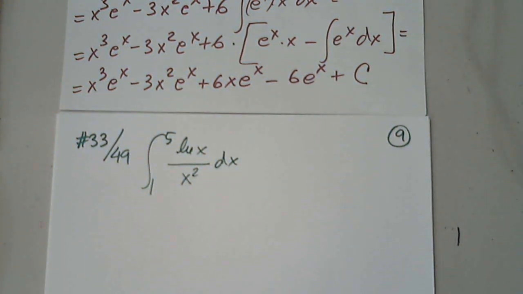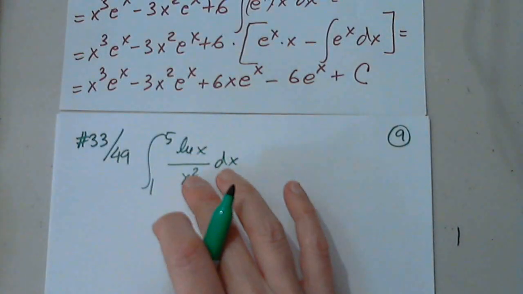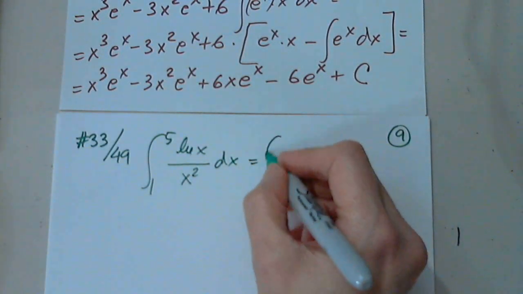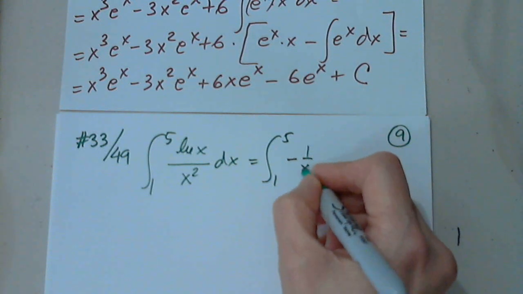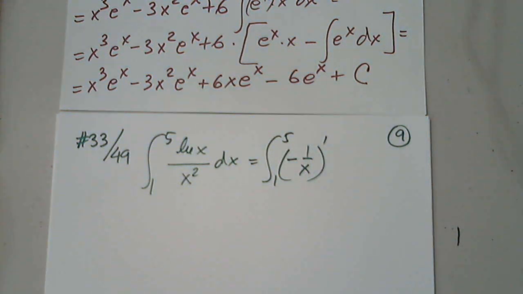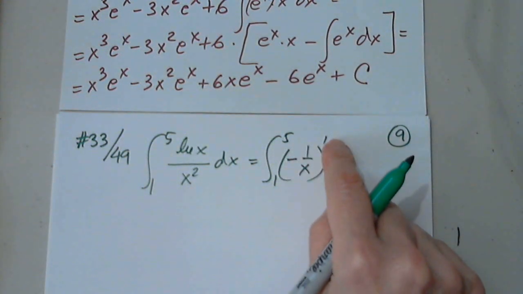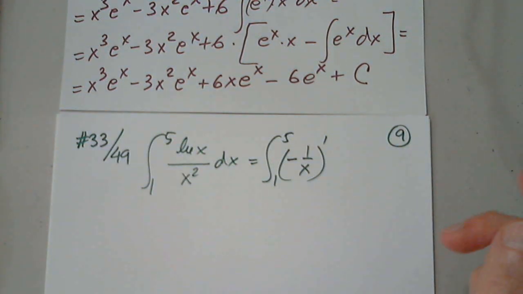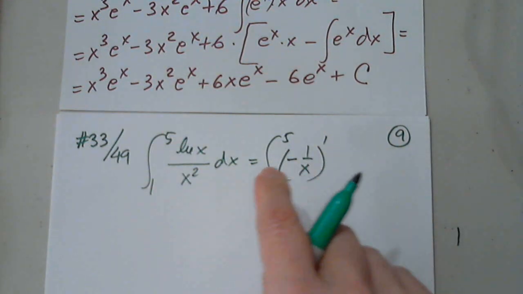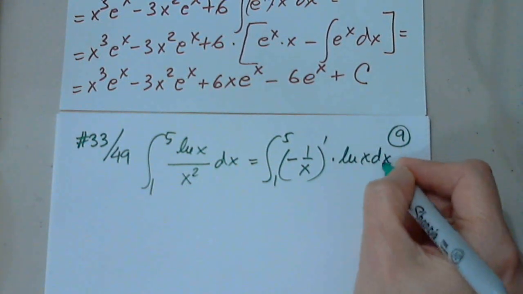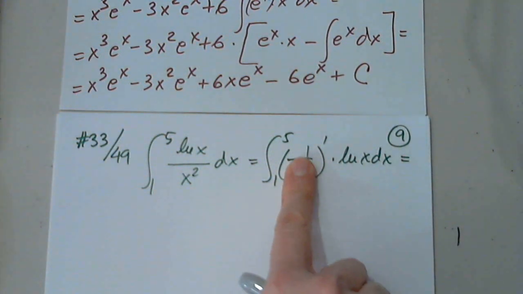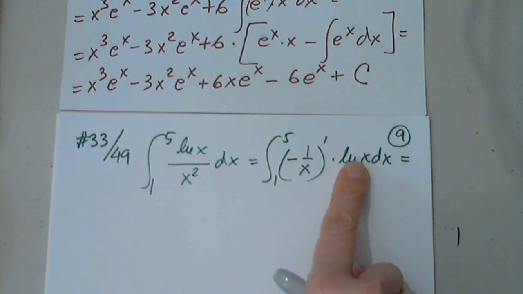Again, by inspection, because we already looked at the preliminaries, I know that this is the integral from 1 to 5. I have 1 over x squared, which I will change into negative 1 over x prime. Negative 1 over x prime, as we discussed in the previous video, is 1 over x squared times natural log x dx. I have my f prime and I have my g.